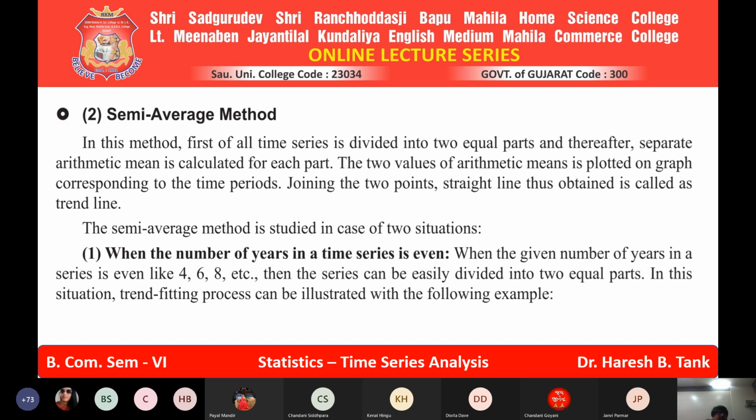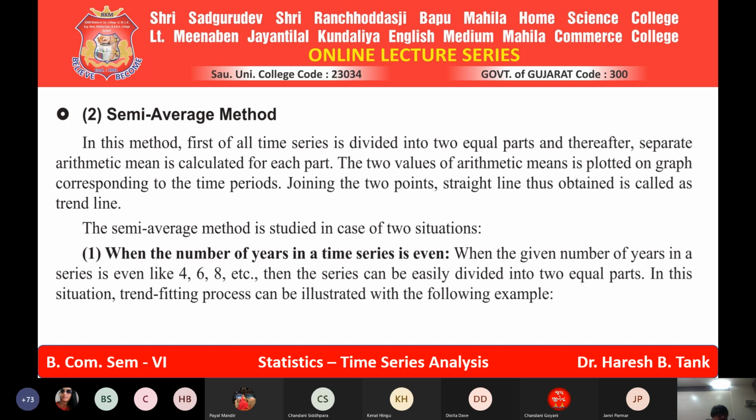In this semi-average method, we are classifying the data into two different situations. In the total data set given to you, is the number of observations even or odd?